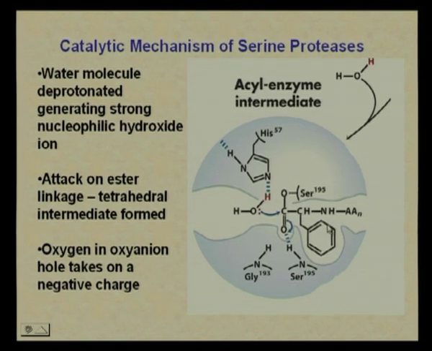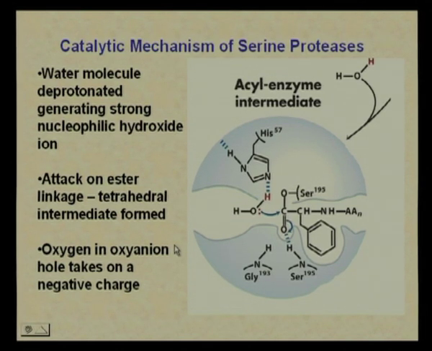So, we have an intermediate basically. So, we have a water molecule. The water molecule proton is abstracted by histidine, okay. Then we have the OH minus hydroxide ion attack the carbonyl to form a CO minus.